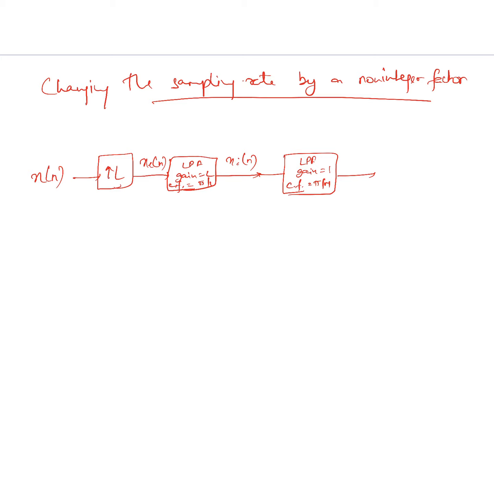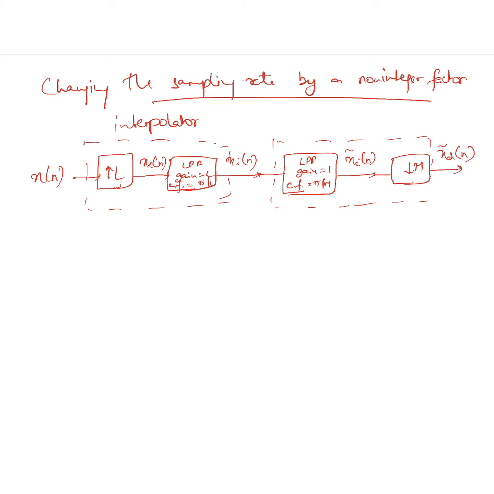Since here we have xi of n, we will put x tilde i of n. Then we downsample it by some integer factor M to finally yield x tilde d of n. So this first dashed block is an interpolator, and this dashed block is the decimator.